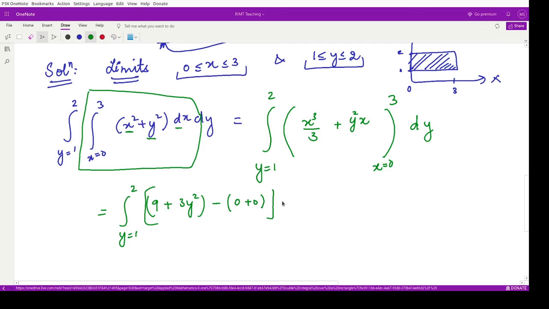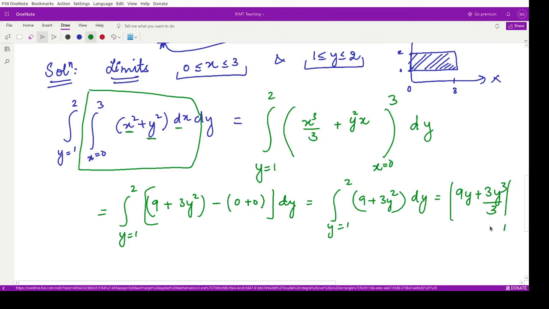Okay, and dy. So now we can simplify this. Y varies from 1 to 2, 9 plus 3y square, and then we have to perform the integration with respect to y. So it would be 9y plus 3y cube by 3, and the limits of integration vary from y equals 1 to 2.